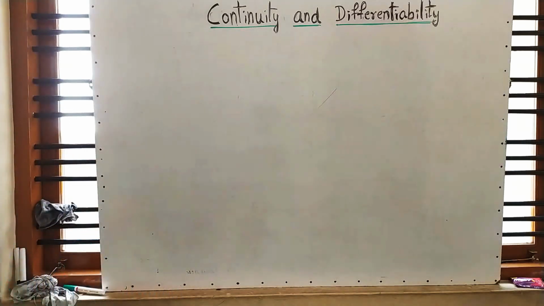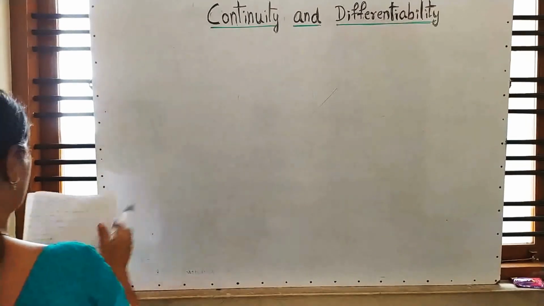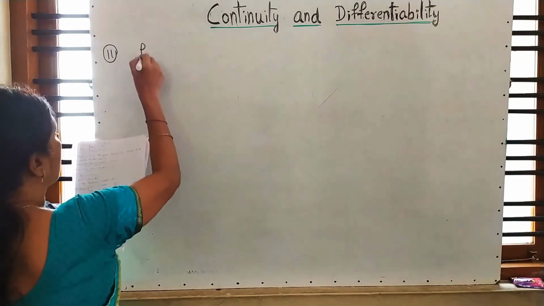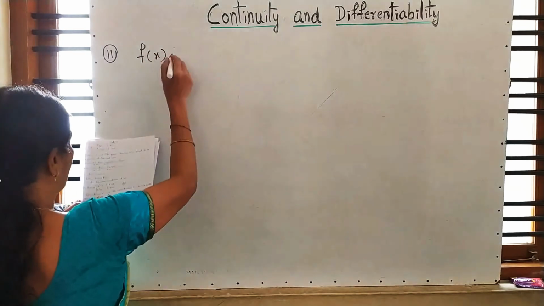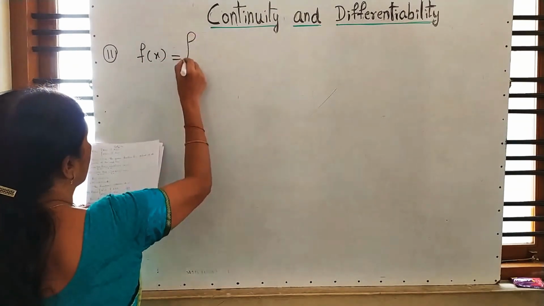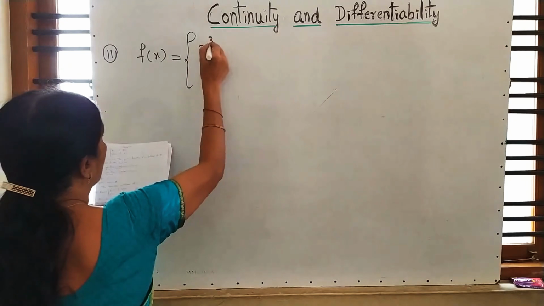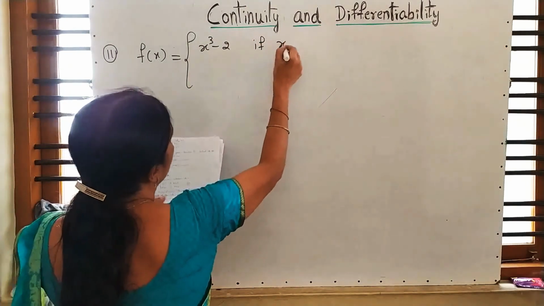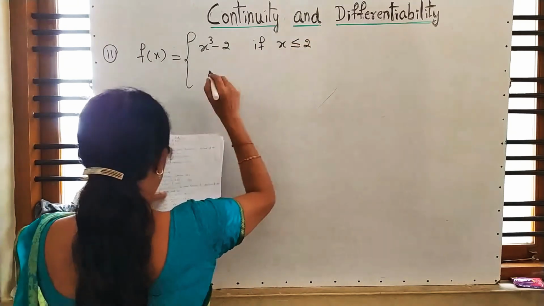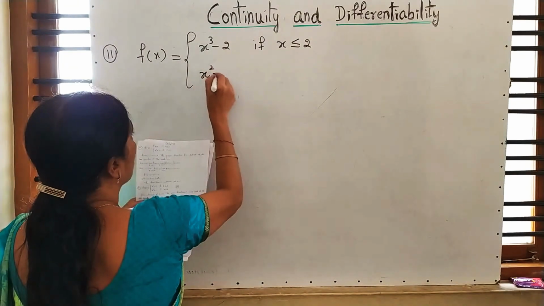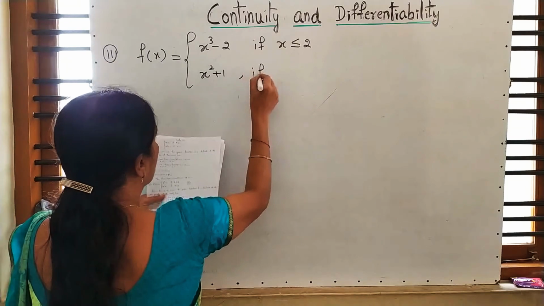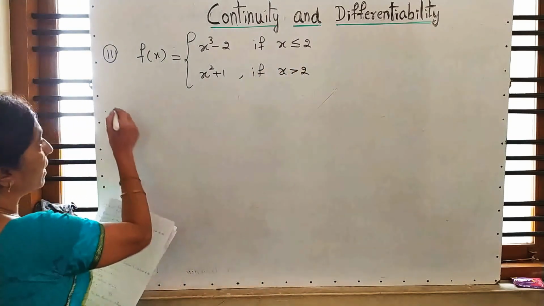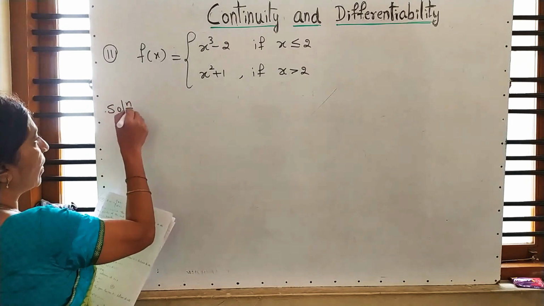Assignment homework question is question number 11. Here we have the same thing. We have to check for continuity. x cube minus 2 if x is less than or equal to 2, and x square plus 1 if x is greater than 2.